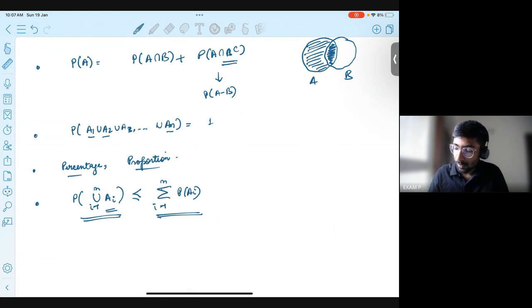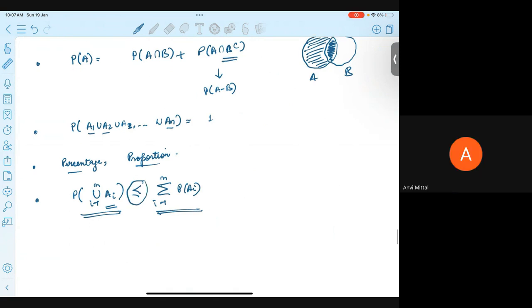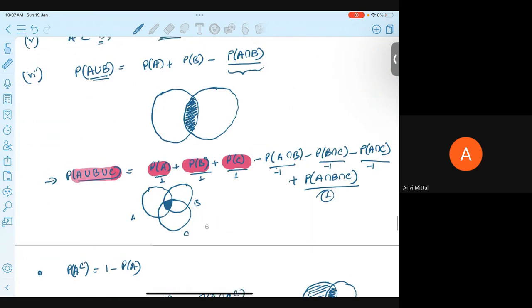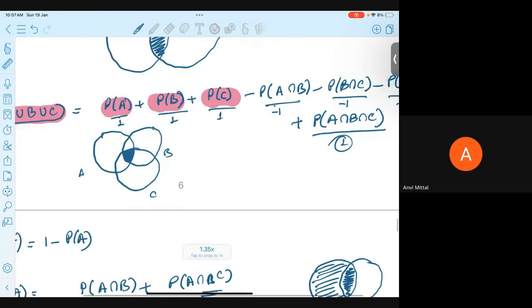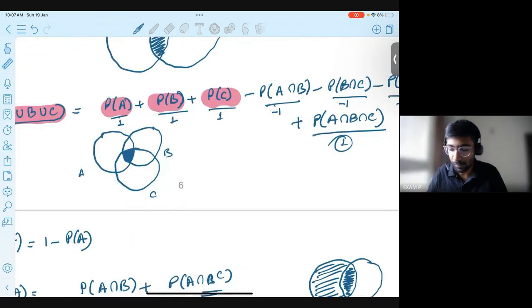Because if these are not mutually exclusive, then for sure you will be subtracting some other probabilities. So this will end up being less than or equal to. Is this point okay? The part on the right just means that we're summing all the events, right? The probabilities, just as you have here, probability of A, B, and C. So this is the sum of all the P of AI, I going from, let's say, 1 to 3.